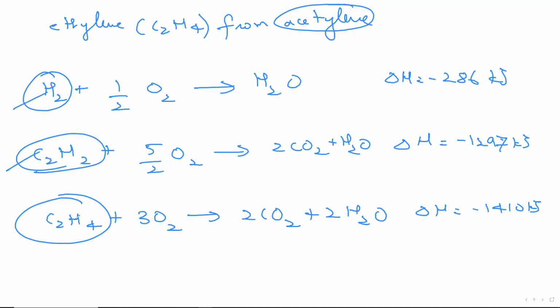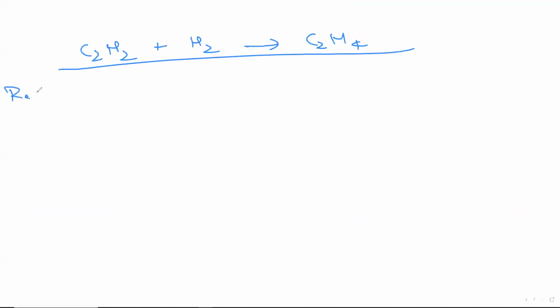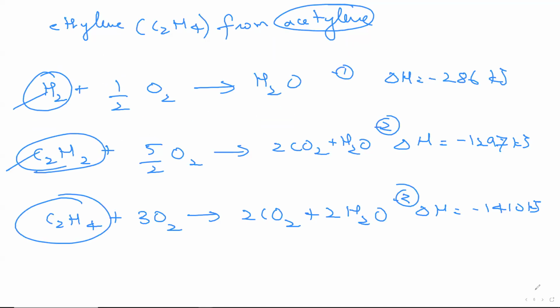C2H4 on the RHS. So I retain equation 1 and equation 2. Equation 3, I will reverse. That's the idea. I'll copy the equation properly. H2 plus half O2 gives me H2O. Delta H, I'll write later.